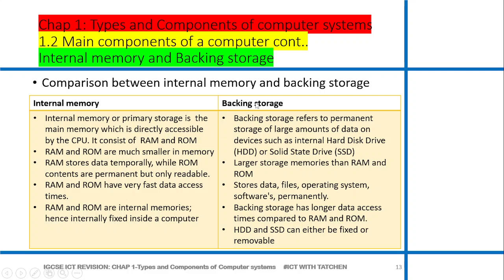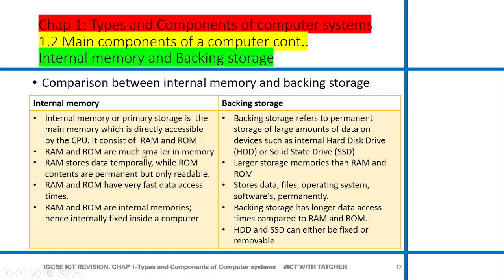On the other hand, backing storage is permanent storage of large amounts of data. That's where we permanently store data, like your operating system, files, movies, videos, and whatever. That is stored on hard disks or solid state drive, depending on which you have on your computer.